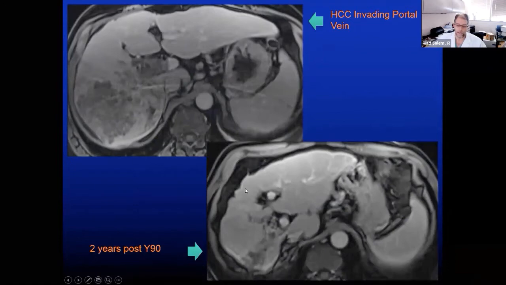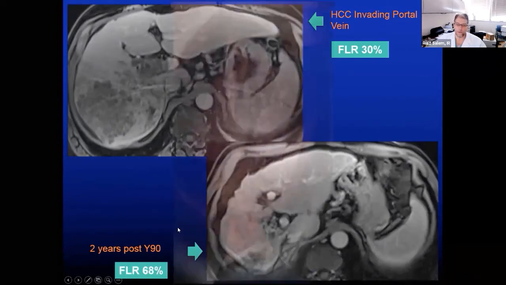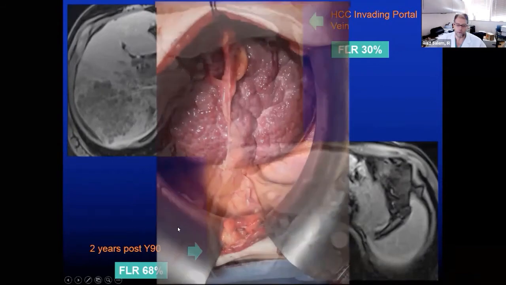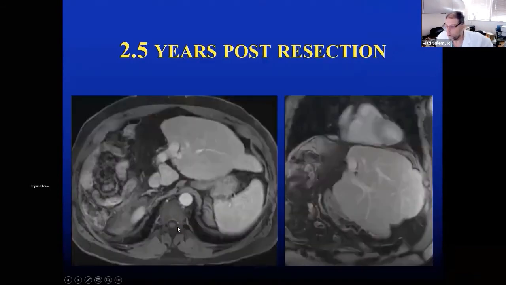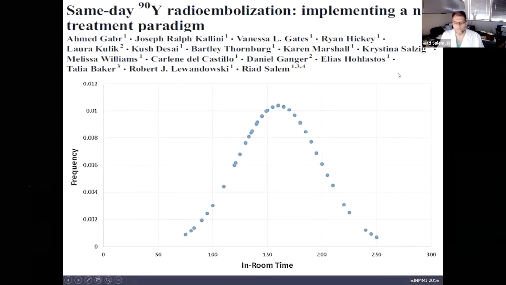And this person had demonstrated good tumor biology with a hypertrophy from 30 to 68%. We bring him back to tumor board, and he goes to the operating room and has a right triseg. So in a patient with portal vein thrombosis, it is even possible to apply radiation lobectomy and even cure them with resection. This person is now alive 5 years after a radiation lobectomy in a scenario of portal vein thrombosis.